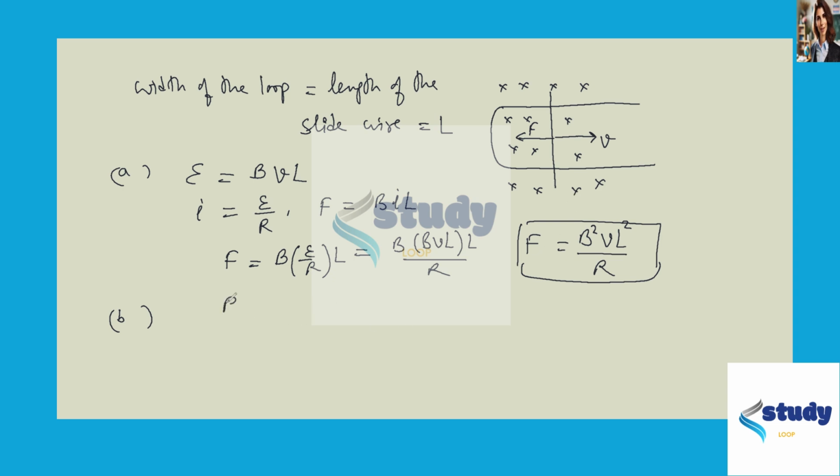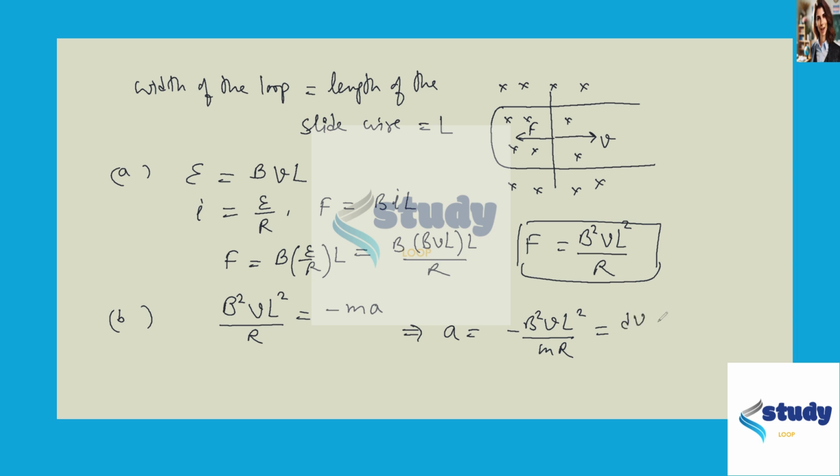So we can say this B square V L square divided by R may be given as negative of mass into acceleration, if A is the acceleration in this bar. So the expression for this acceleration will come out to be minus B square V L square divided by M times of R. And we know acceleration may be given as the derivative of speed v with respect to time.